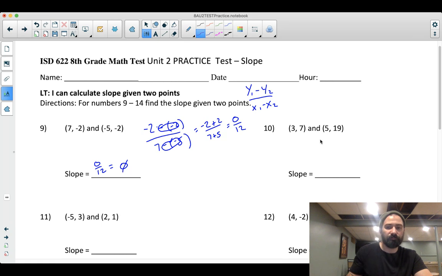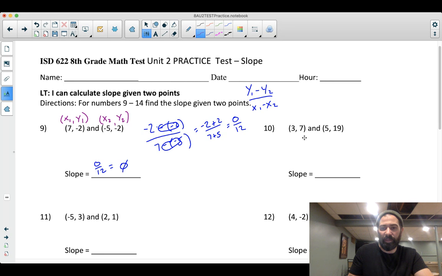And we're done. y1 minus y2 over x1 minus x2. Okay, that's your x1, that's your y1, that's your x2, that's your y2. You just pick the points and substitute in.